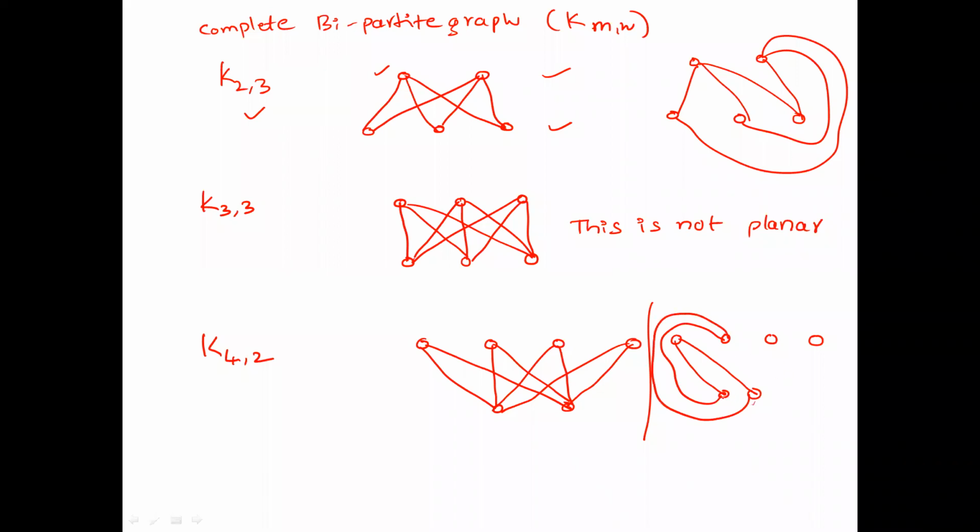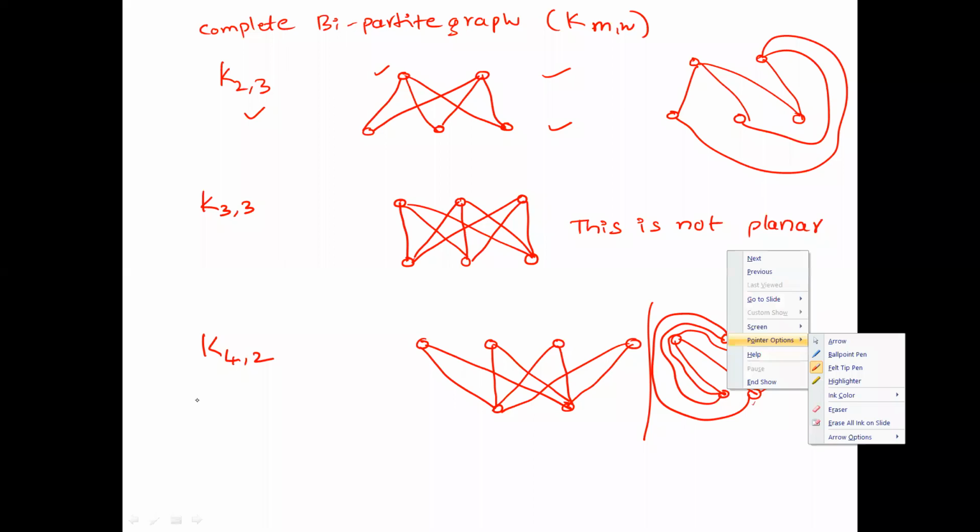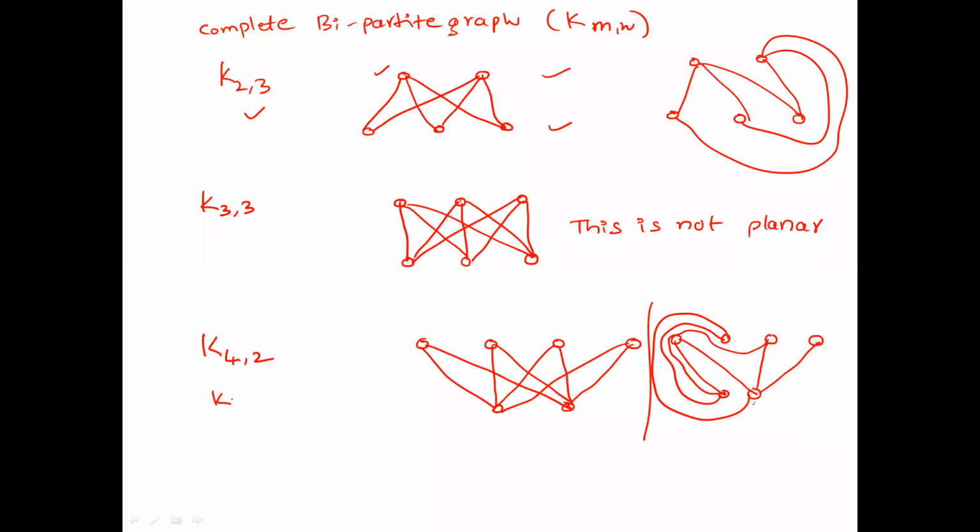Then similarly, we can draw like this internally. We can connect like this. Now this also we can, without crossovering, add like this. And please make a note, K4,2 is same as K2,4. These two are isomorphic. They are equal.